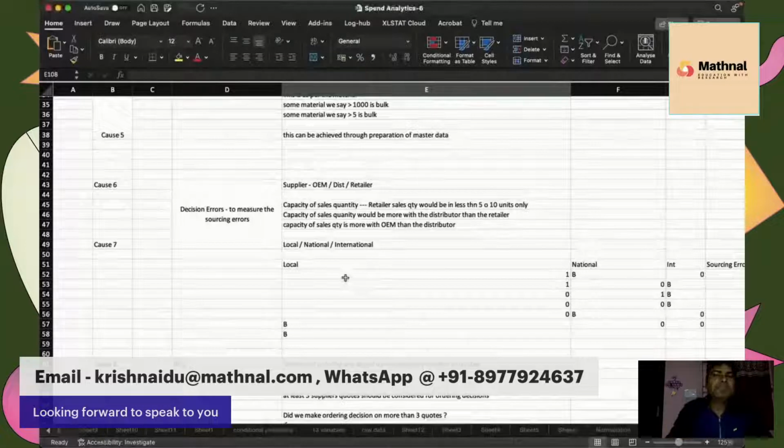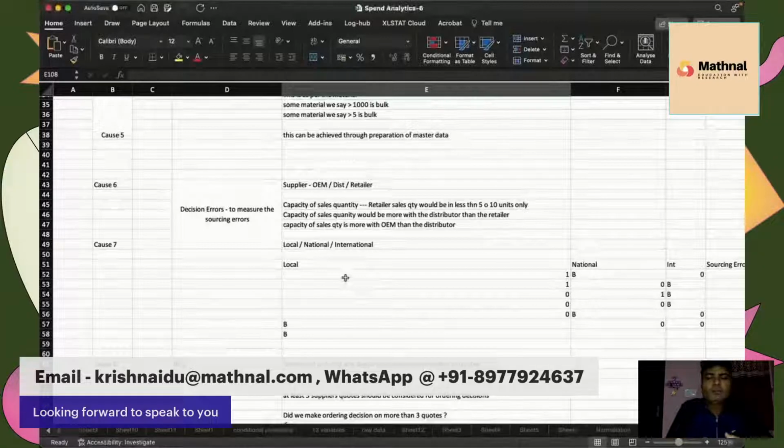Let's say you have a phone manufacturer, and you have to purchase a camera. You have a target price to purchase the camera. Let's say the target price to purchase a camera is $200, and you purchase the camera for $180.